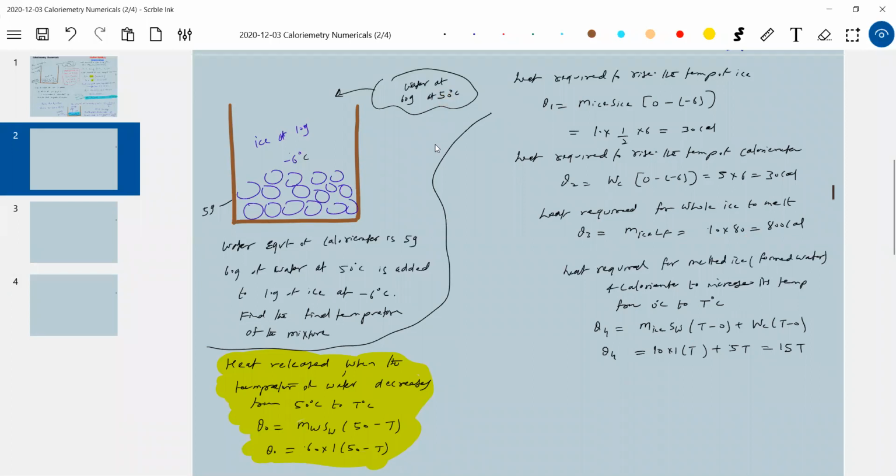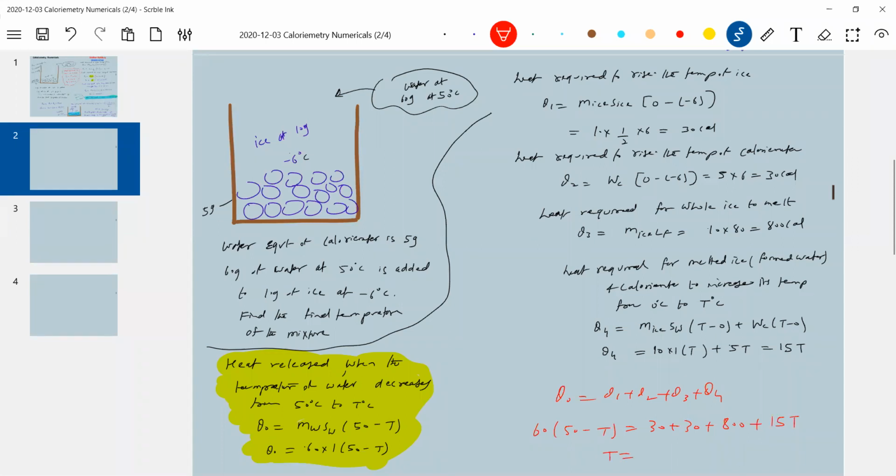Somewhere greater than 0 degrees, the final temperature will be. So now I'm going to equate this: 60 into 50 minus T equals 30 plus 30 plus 800 plus 15T. Solve for T, you'll get the required answer.